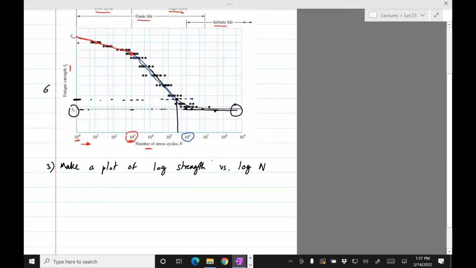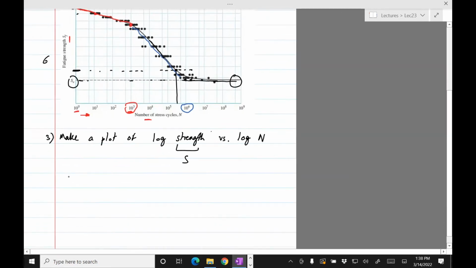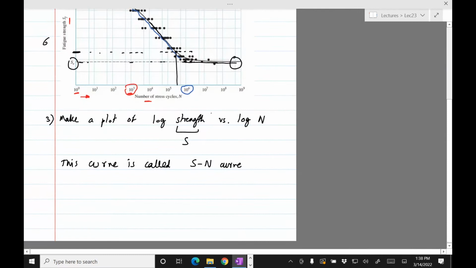If you draw a plot of S versus N, then it will be like an exponential curve, and the log version is much more intuitive. This curve is called the Sn curve. There are other names, but Sn curve is the most common one.